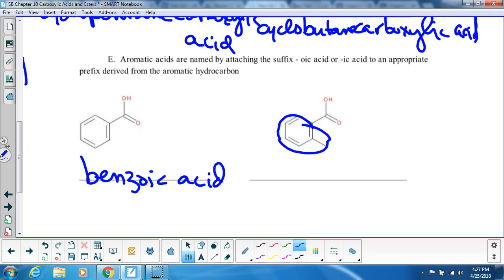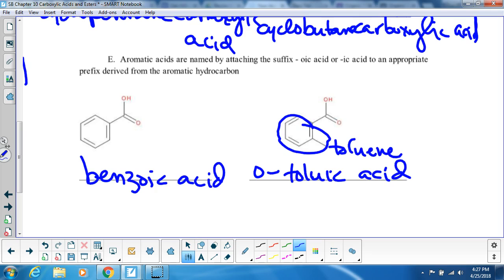All right. So this is an aromatic acid named by attaching the suffix oic or ic acid to an appropriate prefix derived from the aromatic hydrocarbon. So that's your toluene. So what's the relationship? Ortho-toluic acid.